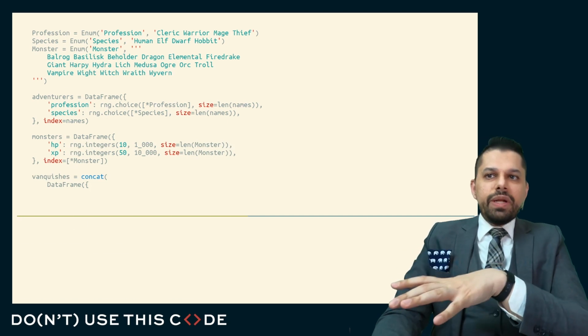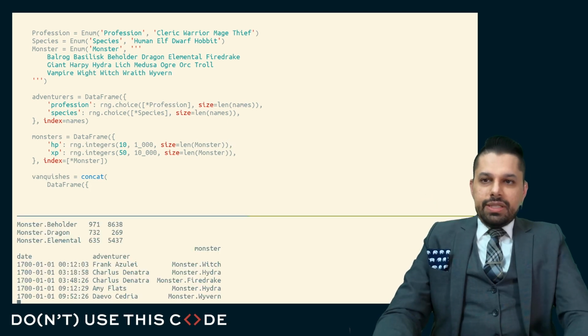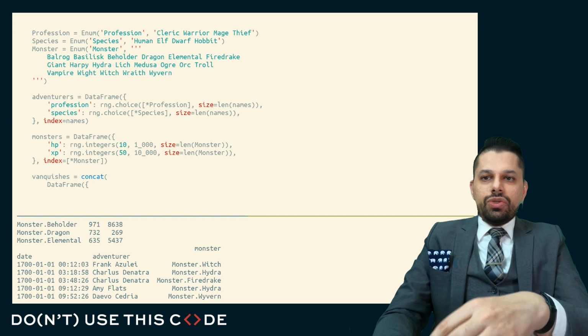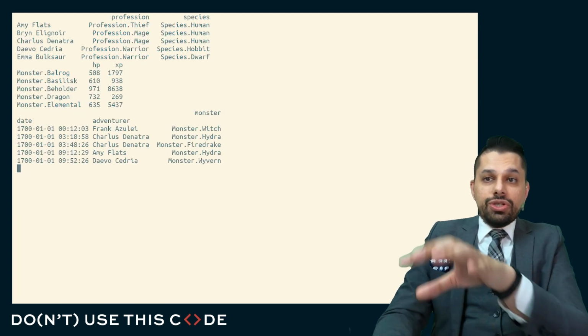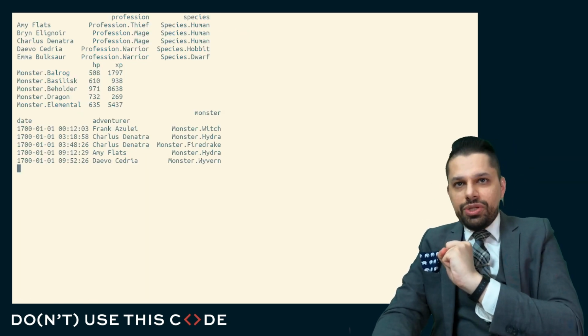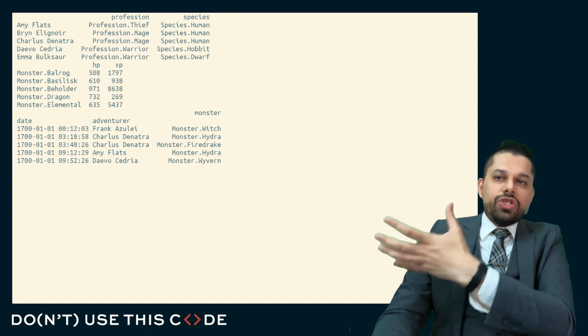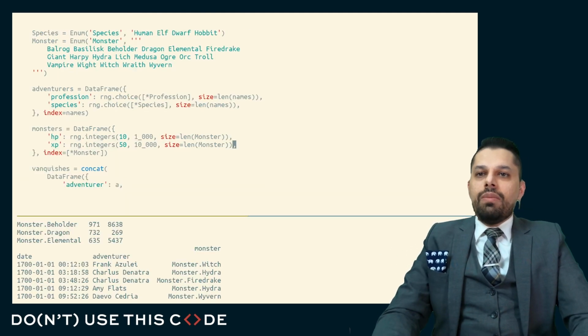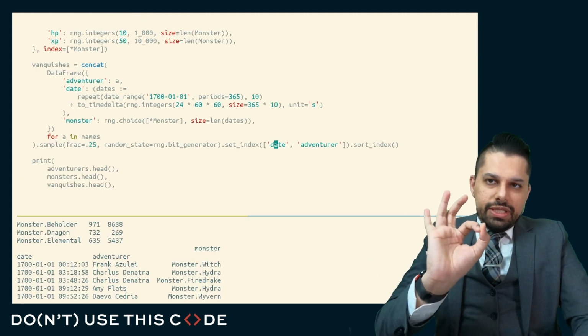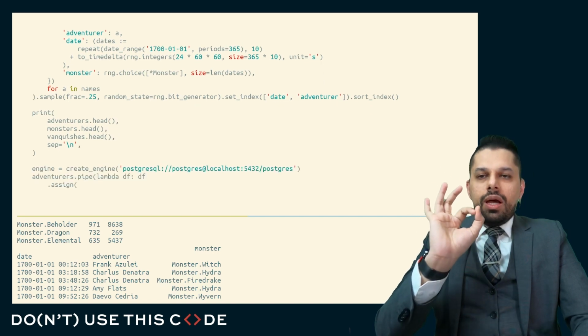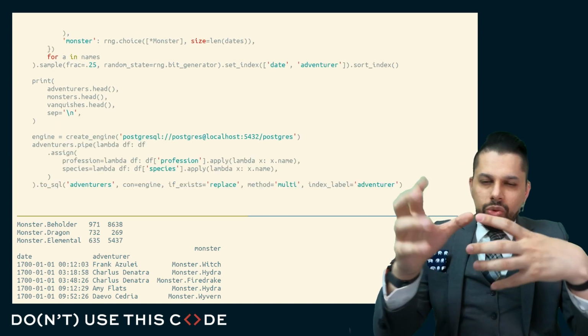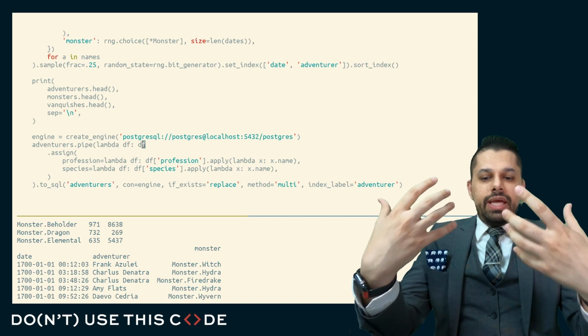And it's going to generate quite a bit of data here. It's going to be some data representing each of the individual adventurers, the monsters and how many hit points and experience points they're worth, and which adventurer at which time defeated which monster. We're going to use this data set a couple of times in order to try and explore what we can do within simple select statements.